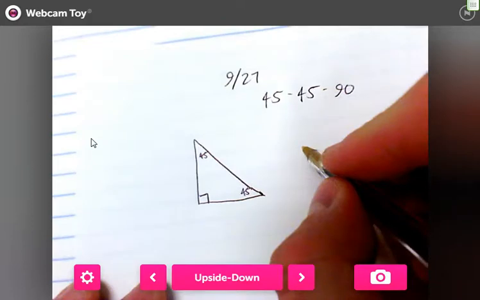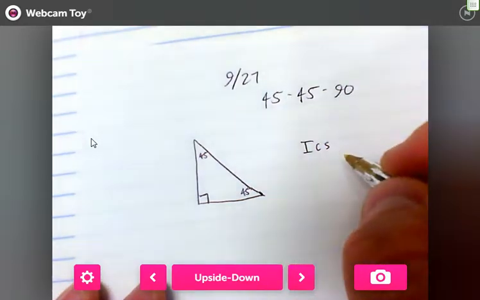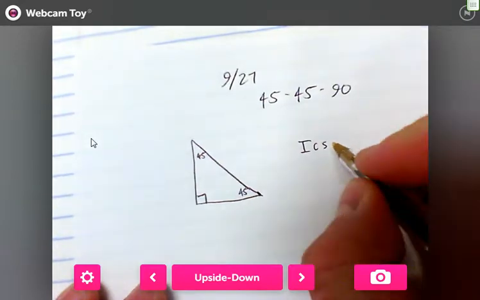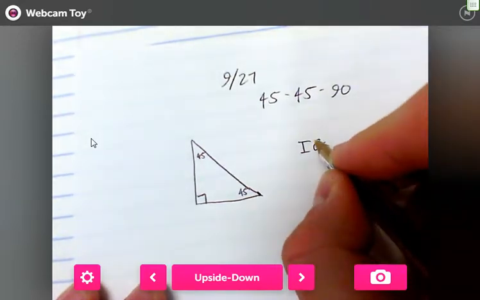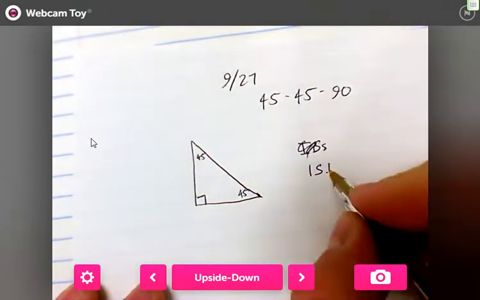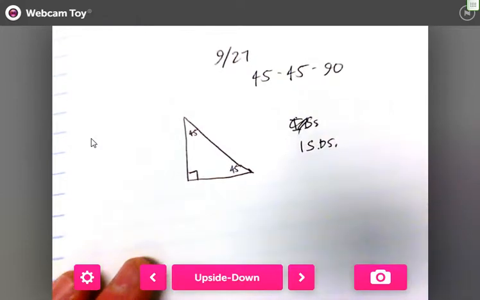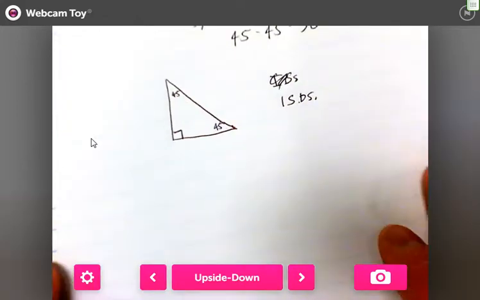Does anybody know how to spell isosceles? Just put ISOS, period. Just abbreviate. Okay, isosceles, we can just shorten it. All right, so this is an isosceles triangle.